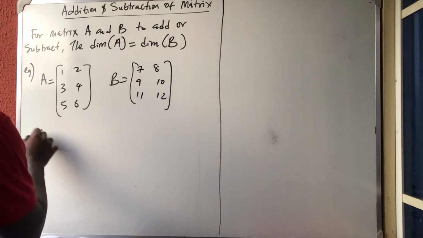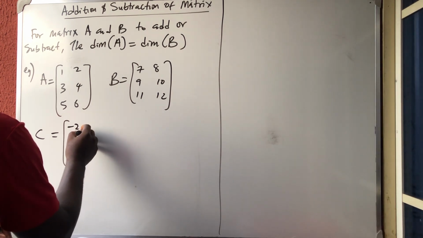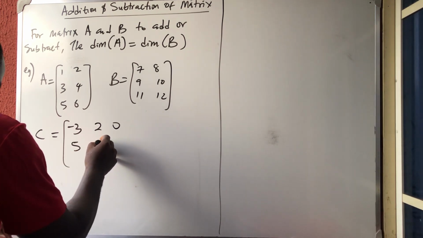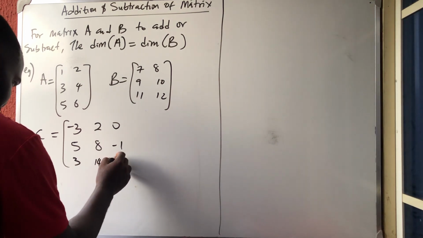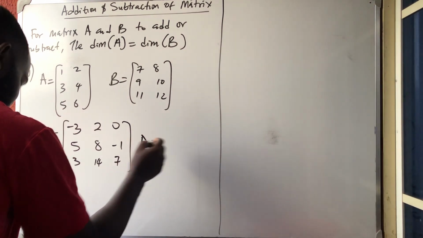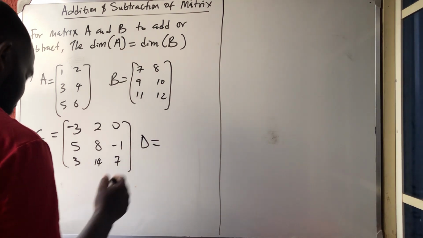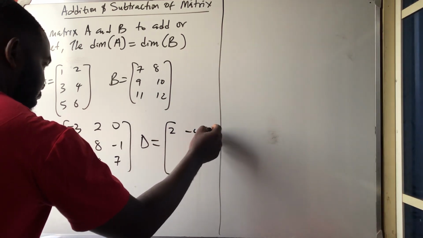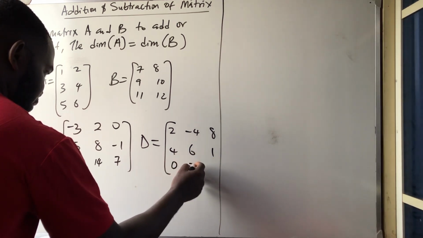Then matrix C is minus 3, 2, 0, 5, 8, minus 1, 3, 14, and 7. Then matrix D is equal to 2, minus 4, 8, 4, 6, 1, 0, 3, 1.